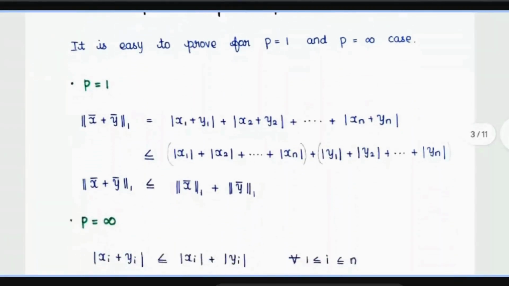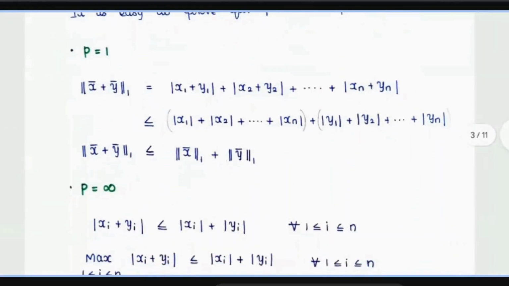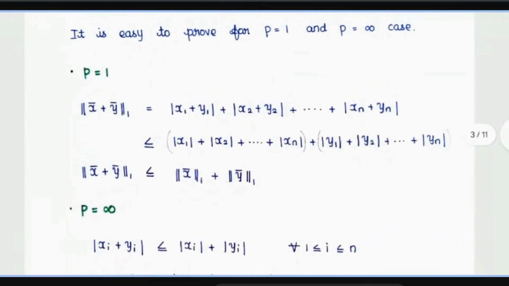Let's see for the case p is equal to 1. For p equal to 1, it is nothing but the sum of modulus of each coordinate. So if we add these two vectors, the coordinates will be x1 plus y1, x2 plus y2, etc., xn plus yn.